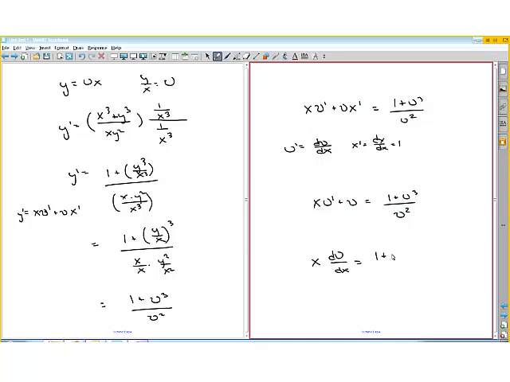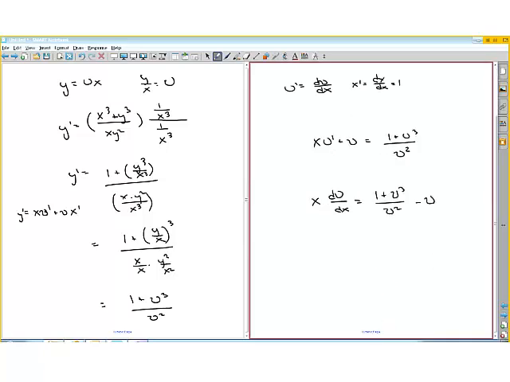So I get 1 plus mu cubed over mu squared minus mu. If I combine these two with the common denominator, I can replace this term with just mu cubed over mu squared. So the right-hand side is 1 plus mu cubed over mu squared minus mu cubed over mu squared. You can see this is going to cancel out with that, and so the right-hand side just becomes 1 over mu squared.